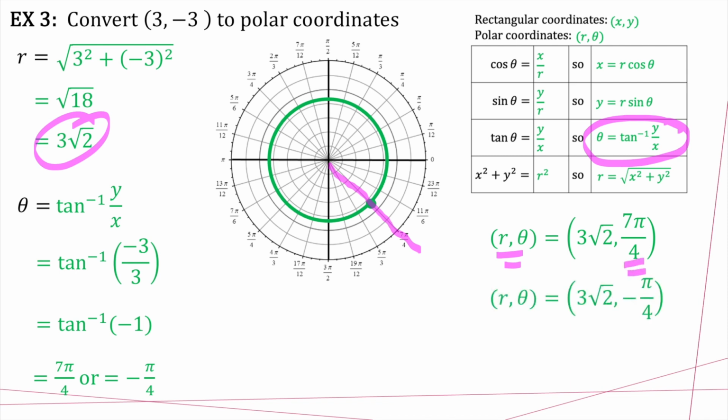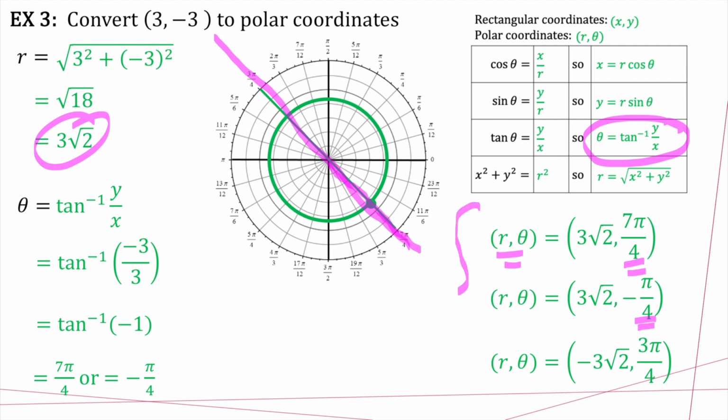Or we could say it's 3 root 2, negative pi over 4. Or if you want to get really crazy, you could extend this line here, and it could be negative 3 root 2, 3 pi over 4. Look how flexible these polar coordinates are.